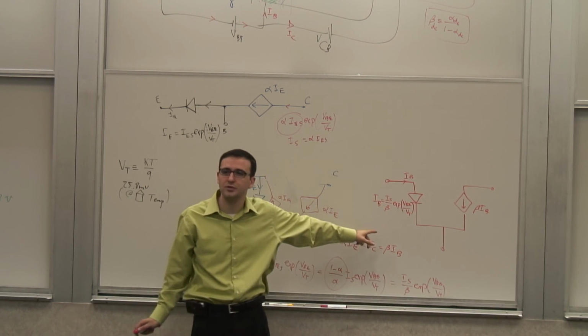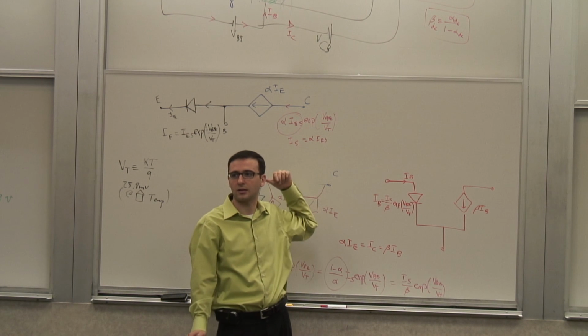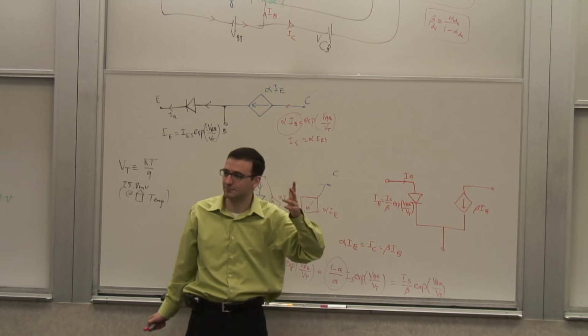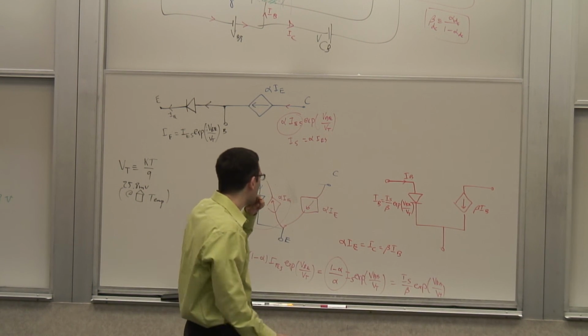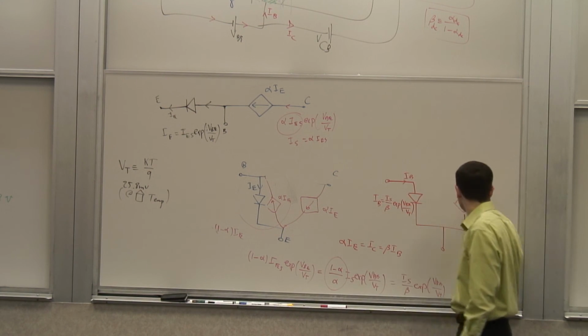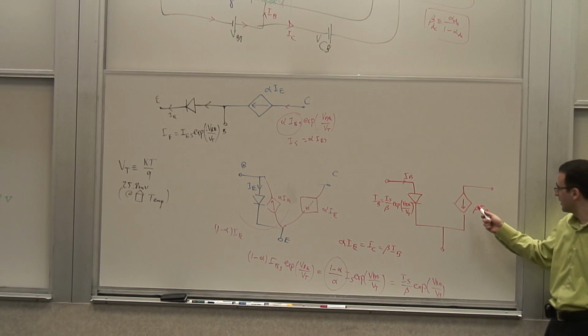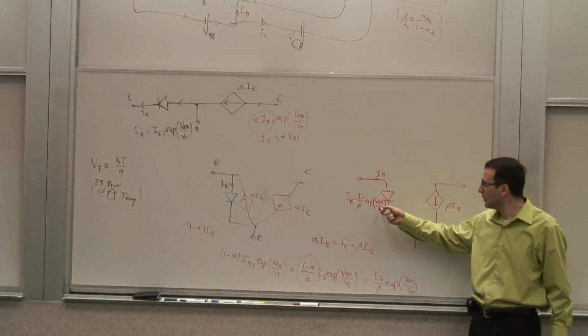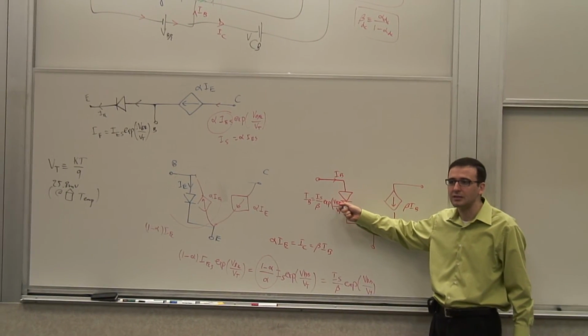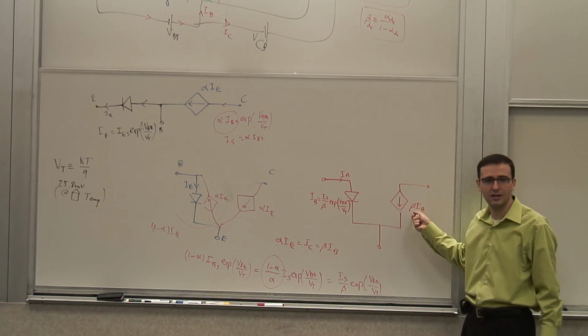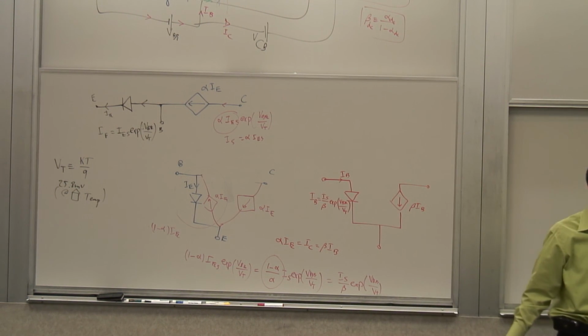Sometimes it's more convenient to use this one, sometimes it's convenient to use that one. So you have two things instead of one you can play with. Now this one captures the essence of the current multiplication. If you control the base current, in effect, you are really controlling the VBE, and through that you're controlling the collector current, which is beta times greater than that.